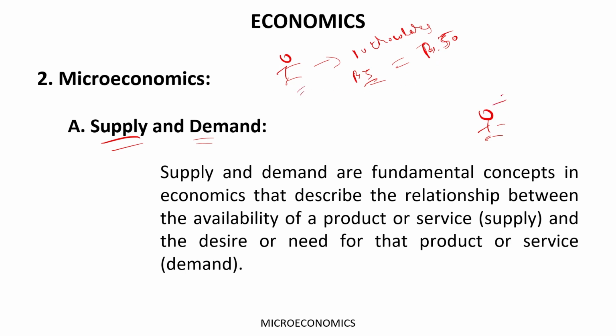This other person has 10 chocolates and his profit margin is covered within these rupees 5. Then he will be the supplier, and the first will be the demander, or you can say consumer. So this is the basic phenomenon of demand and supply.